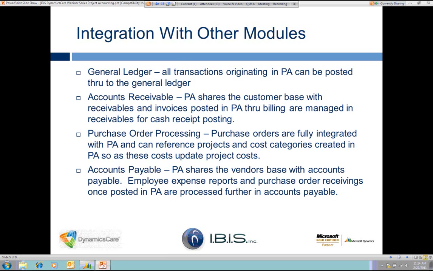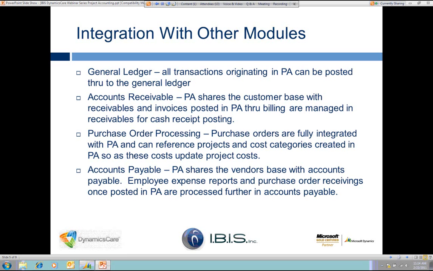The next module is purchase order processing. Purchase order processing is integrated now with project accounting, and we have what we call a modified project accounting window when we're looking at a purchase order.